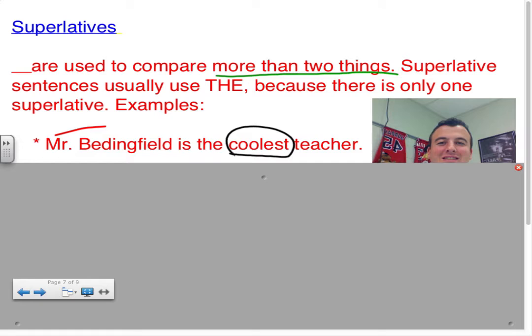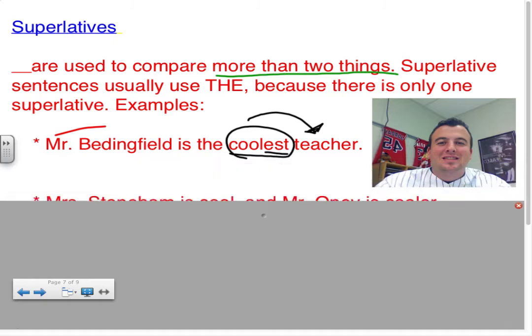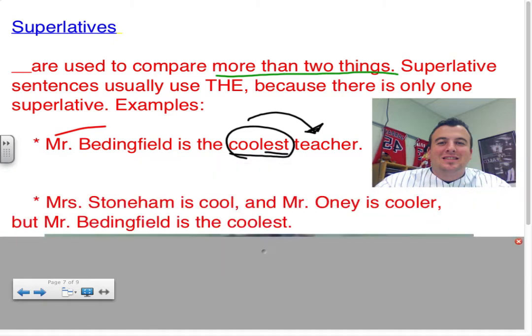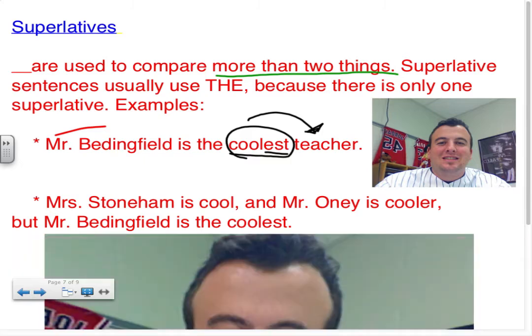And your superlative would be coolest, because it describes Mr. Benningfield. And you notice it has an ending of est, which you're going to find with most superlatives. Mrs. Stoneham is cool, and Mr. Oney is cooler, but Mr. Bedingfield is the coolest.